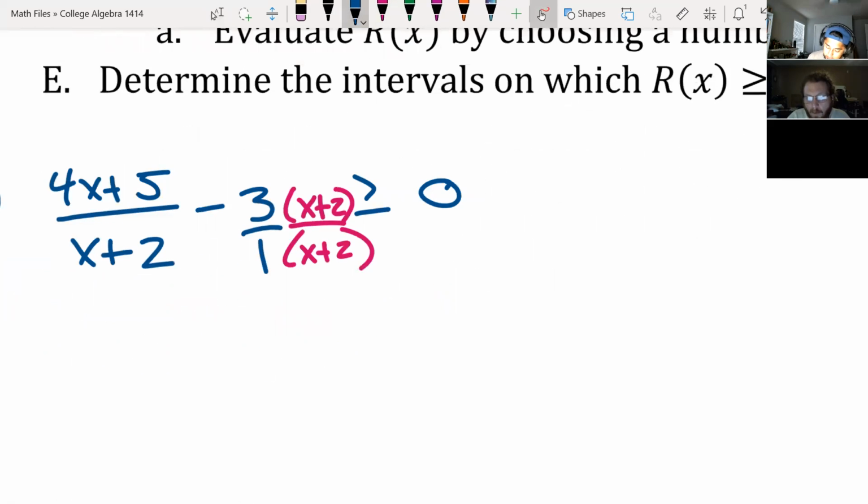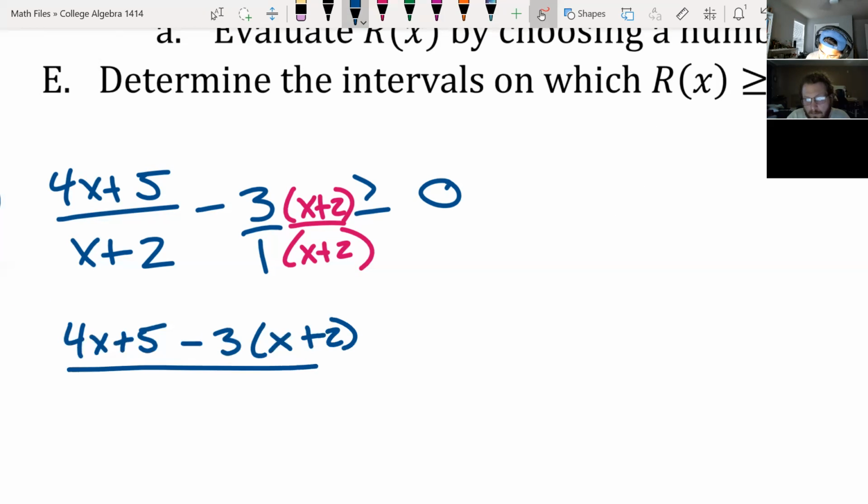And now simplify more. You're going to get 4x + 5 minus 3 times (x + 2) over the new denominator of x + 2, greater than or equal to 0.